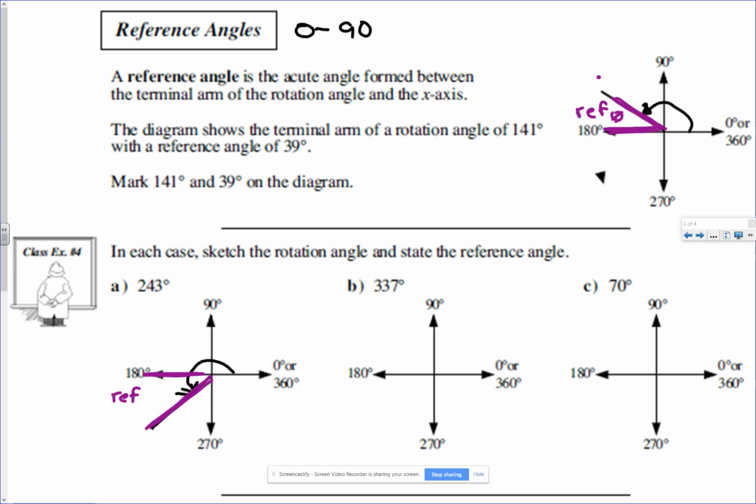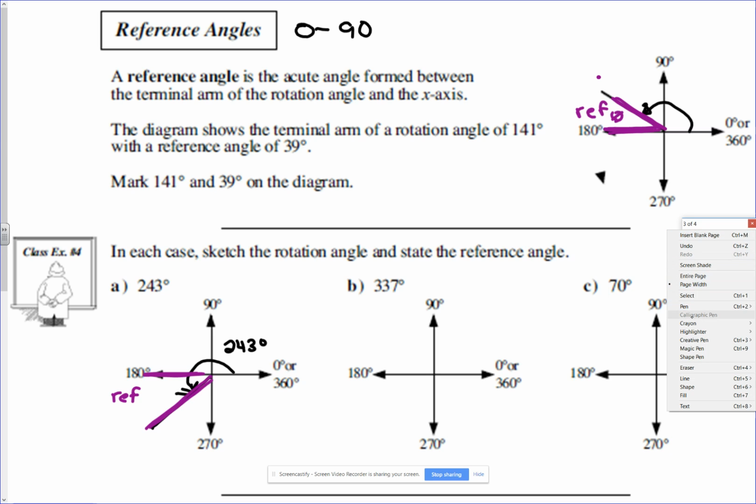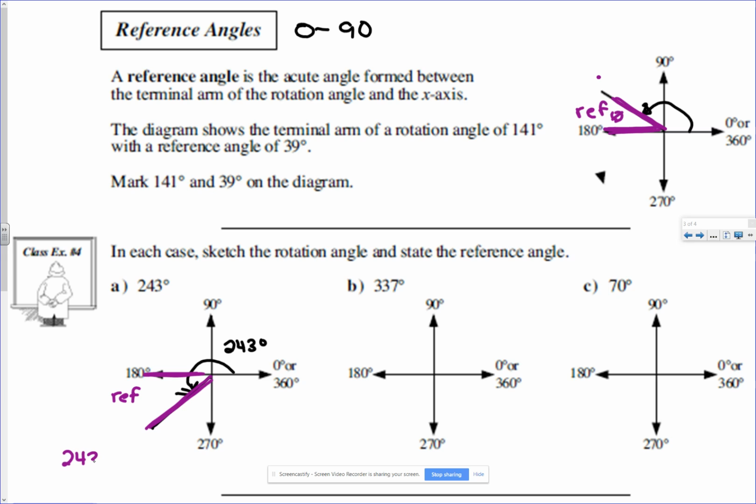So if my regular angle here is 243, and I know that my reference angle is from 180 to that, I can figure out my reference angle by taking my whole angle there and subtracting off the 180 to figure out how far past 180 I went to get to that arm.